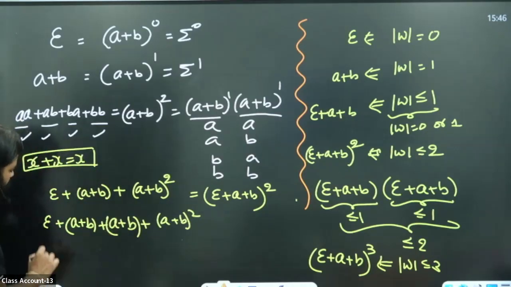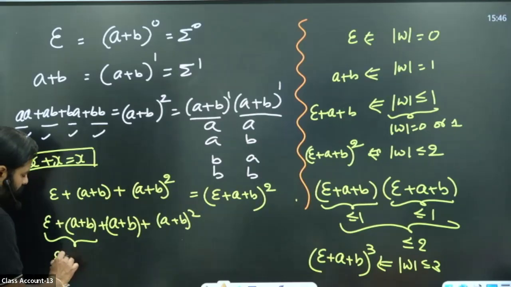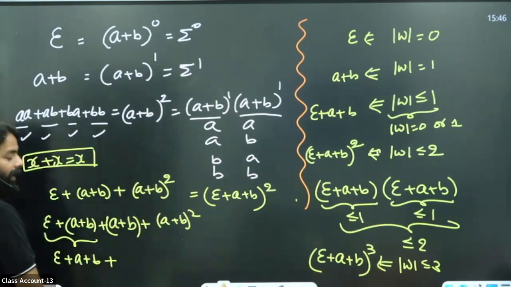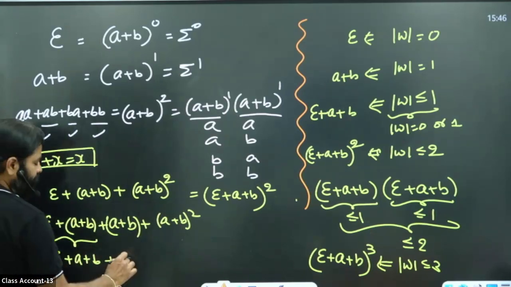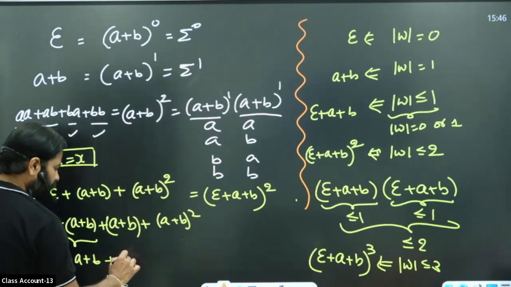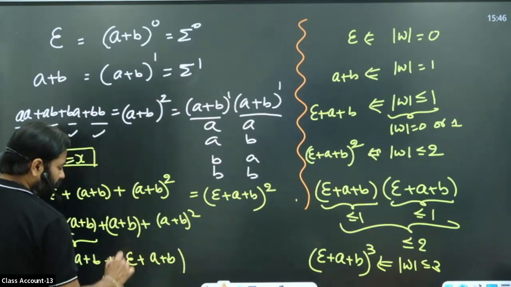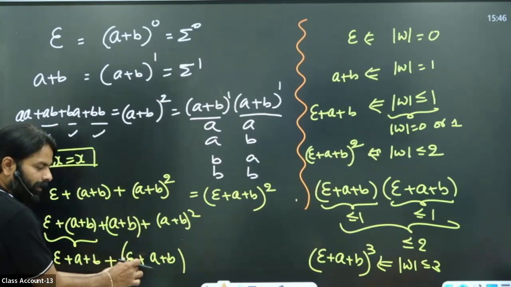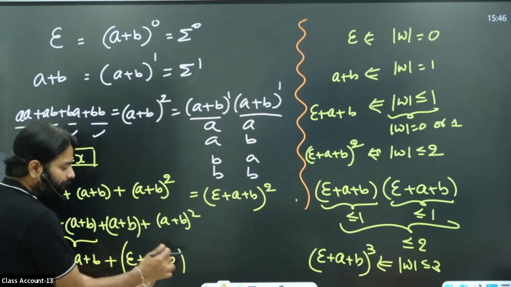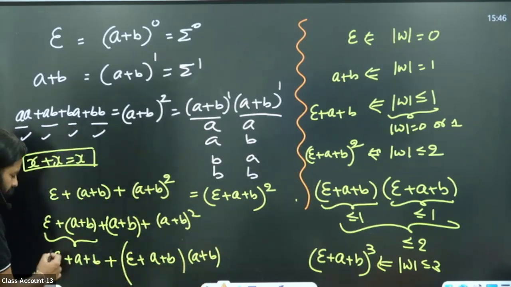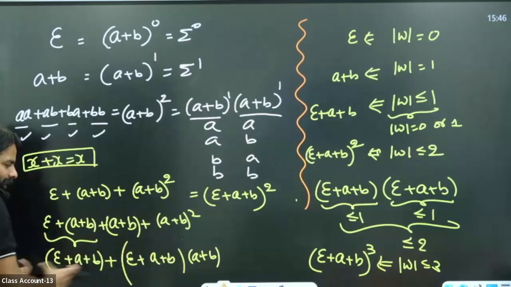Now this one is epsilon plus a plus b, parentheses you can delete, plus from this I can take a plus b common. So epsilon plus a plus b, what do I take common? From here a plus b, you got epsilon. From here a plus b, one a plus b is here. Now you look, from both of them you have epsilon plus a plus b, you can take the common.